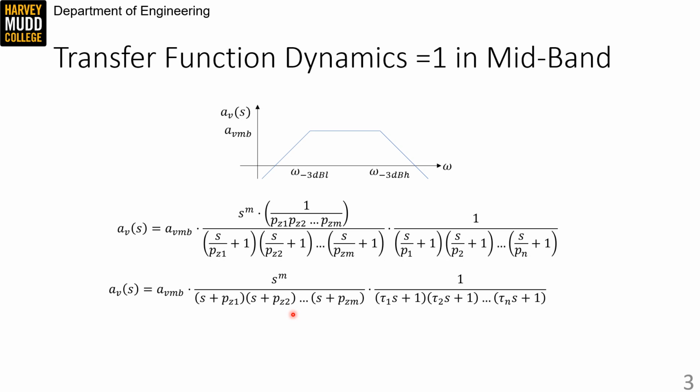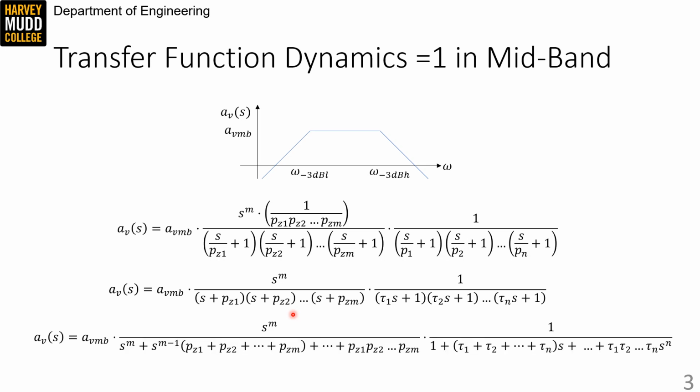This is a weird choice for me because I think factor form makes frequency analysis much easier usually, but this canonical form will be useful in the future. Finally, we're going to distribute the denominators, which will help with some approximations we're going to do later. And that's it. These are all the representations of our midband that we're going to use.